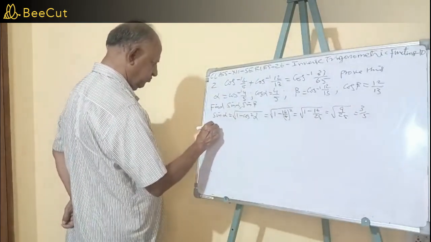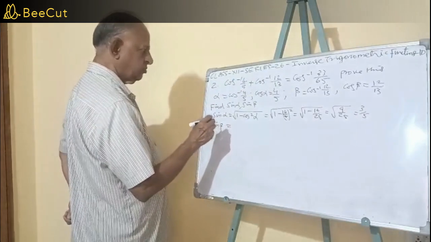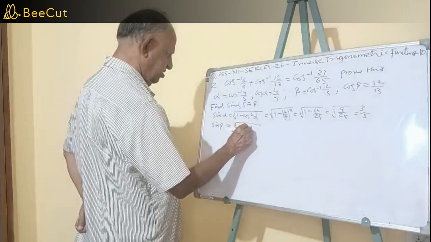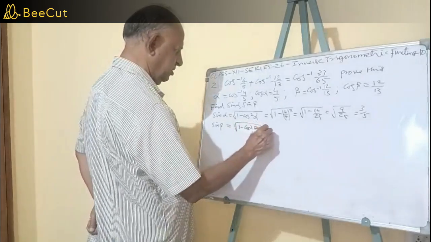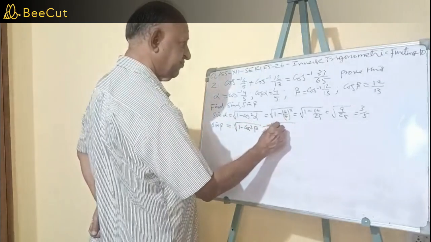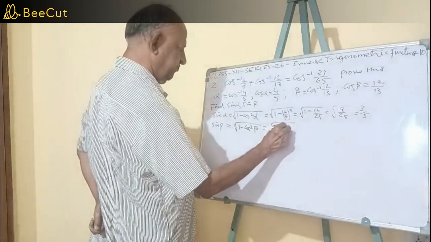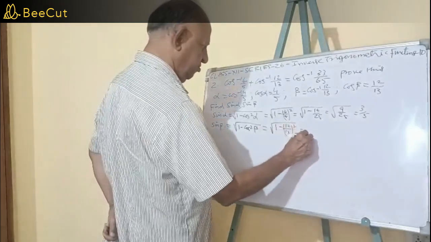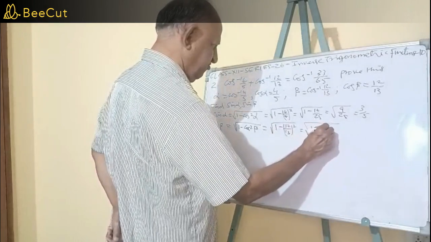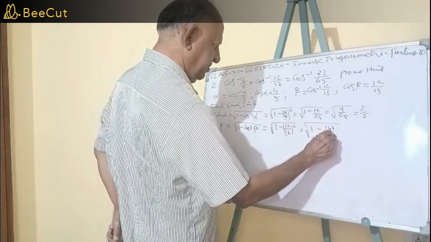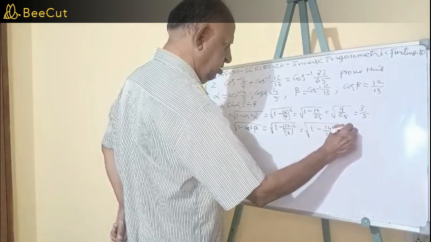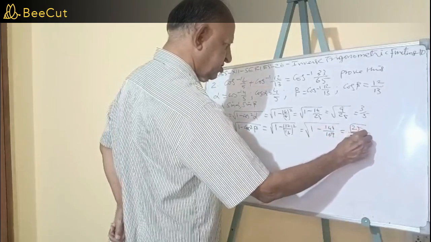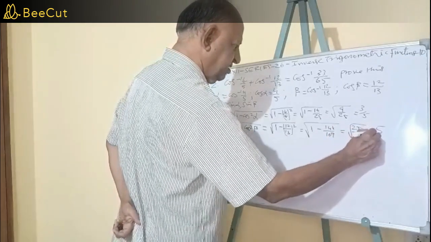Sin beta is equal to square root of 1 minus cos squared beta, which is square root of 1 minus 12 by 13 whole square, which is square root of 1 minus 144 by 169, which is square root of 25 by 169, which is equal to 5 by 13.